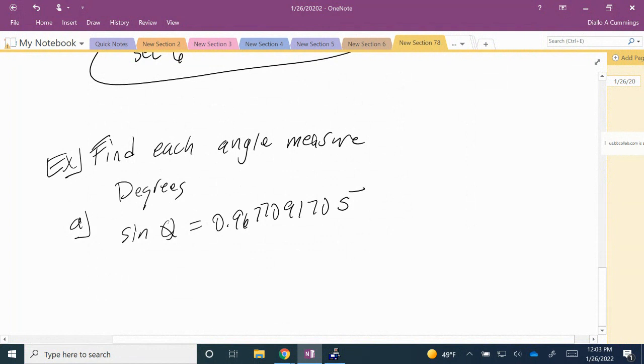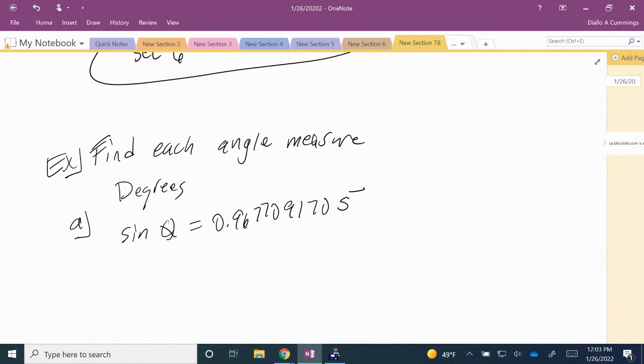All right, so just like in algebra, we have an equation, because we have an equal sign. And whatever we do to one side of the equation, we must do the exact same thing to the other side of the equation. So what I'm going to do here is take the arc sine for both sides of the equation.